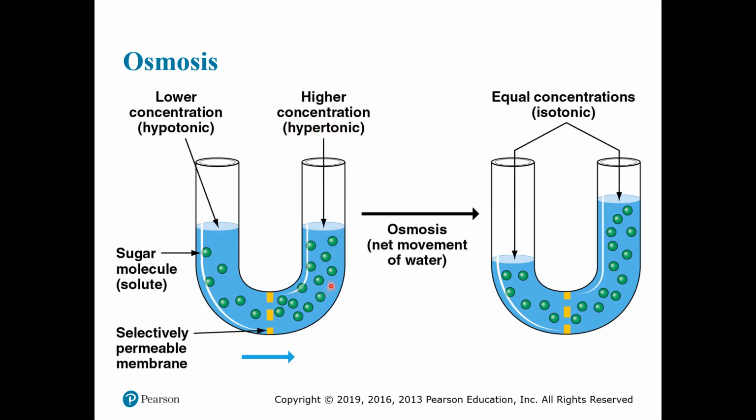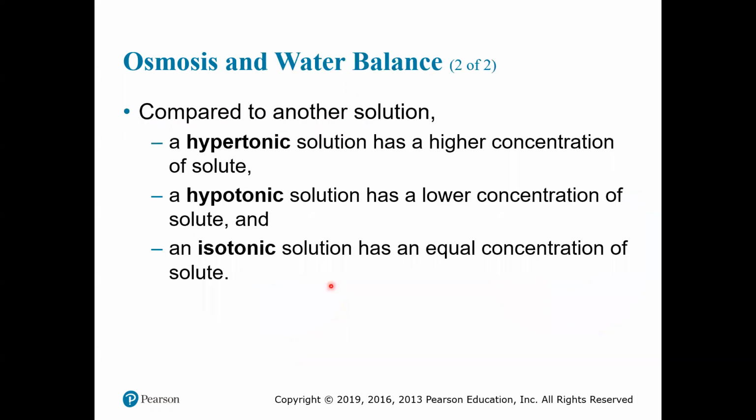That is the 20% sugar concentration. You're comparing one solution to the other and how much solute it has. So the solution with a higher concentration is hypertonic. The solution with the lower solute concentration is hypotonic.